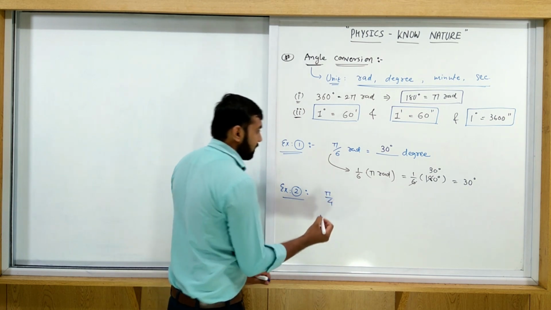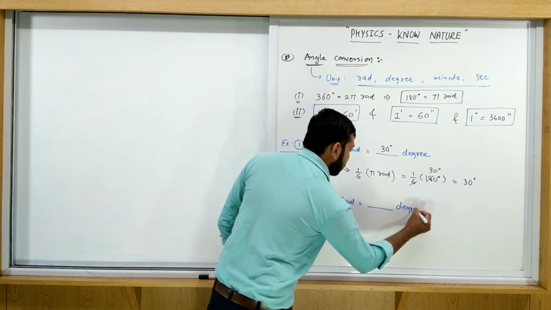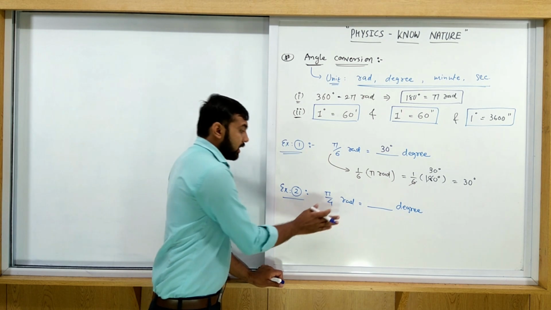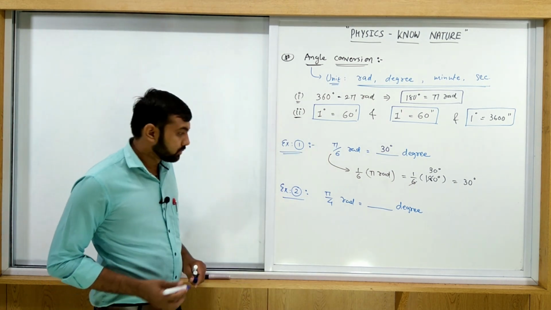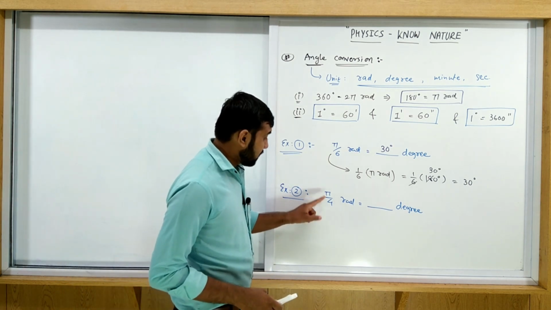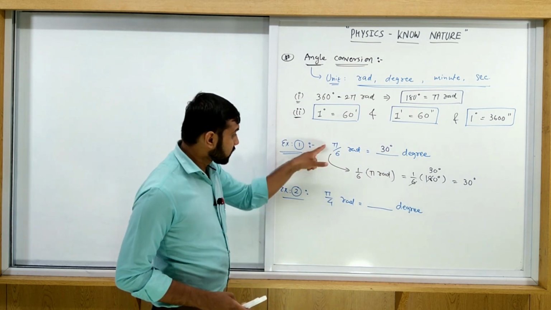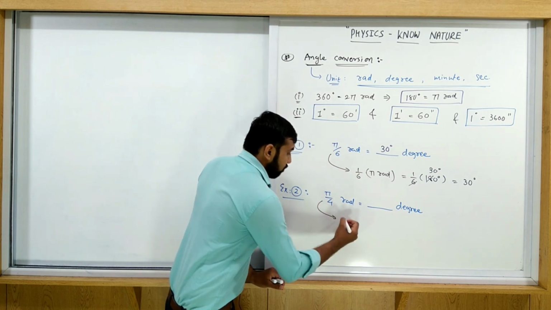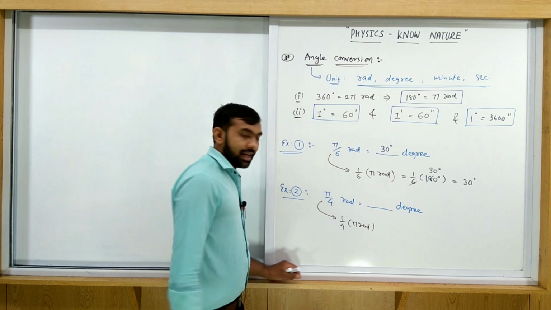Suppose pi by 4 radian is equal to blank degree. All of you pause your screen for 30 seconds and try to solve this example. Okay, your time starts now. Let's see. Pi by 4 radian is equal to blank degree. You just use the same method. 1 by 4 as it is into pi radian.